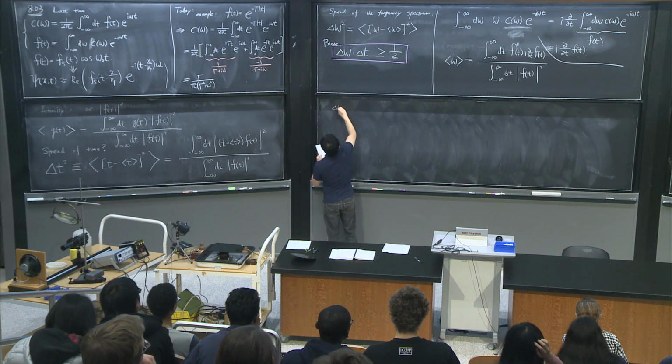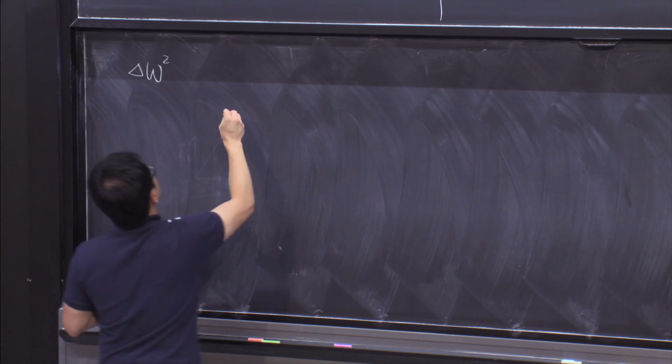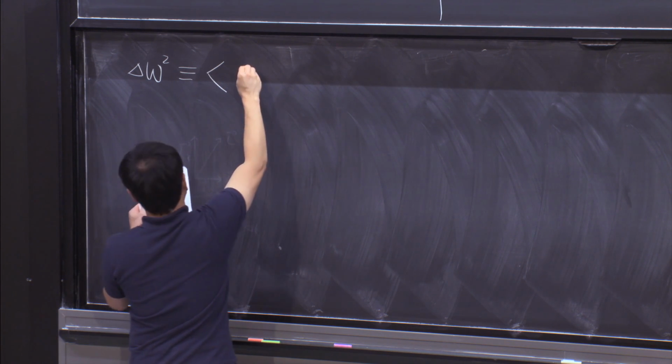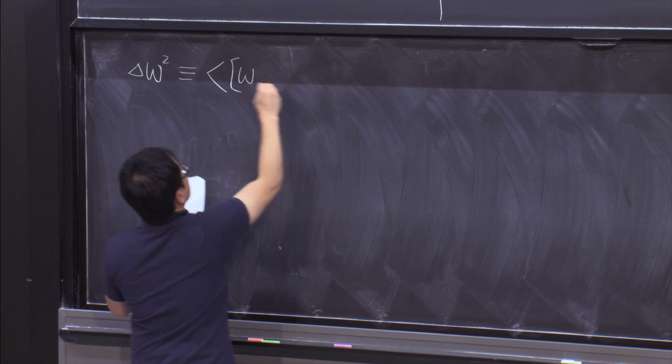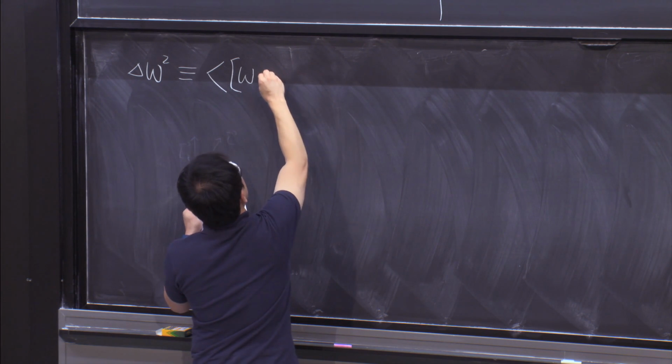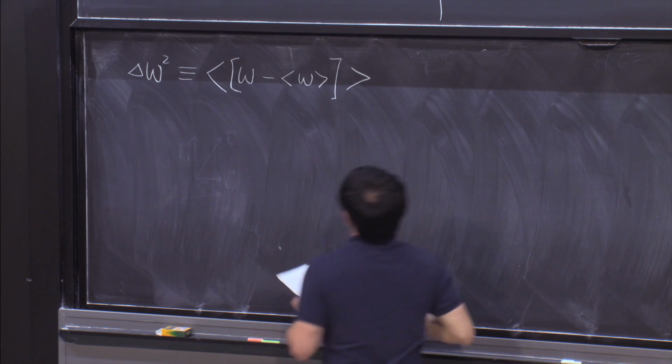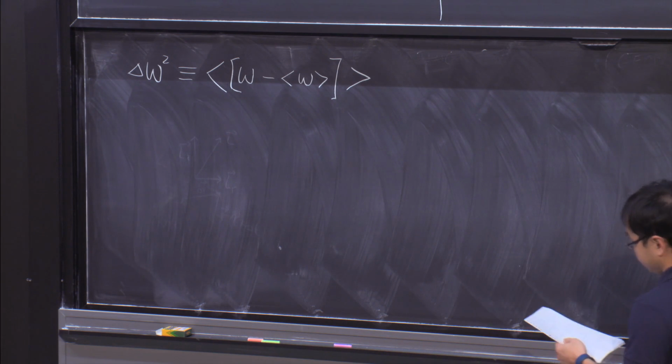Therefore, I can also calculate explicitly what would be the delta omega squared. Based on the definition which I outlined before, this will be the average value of omega minus mean omega. Mean omega is actually a number.